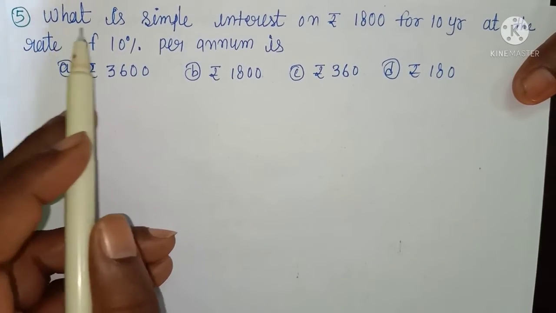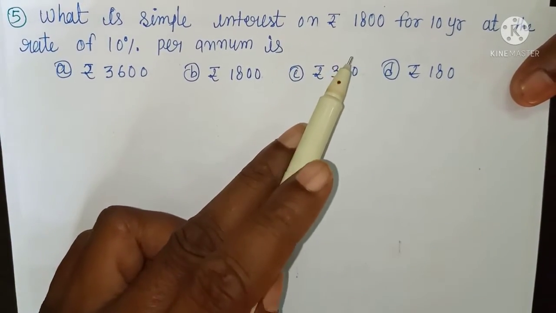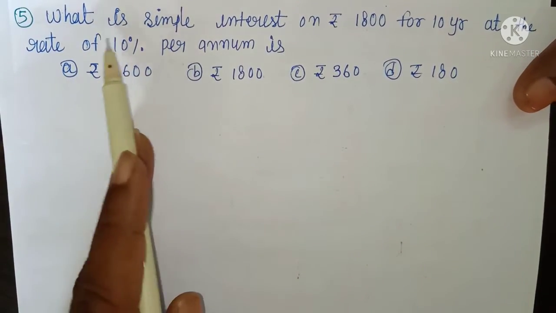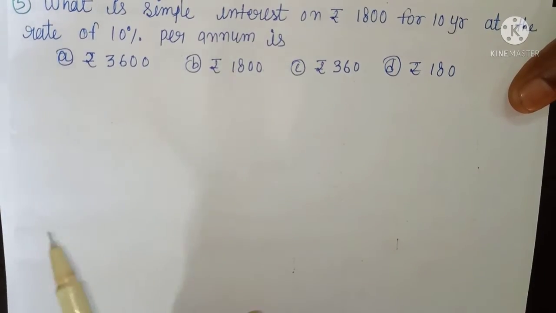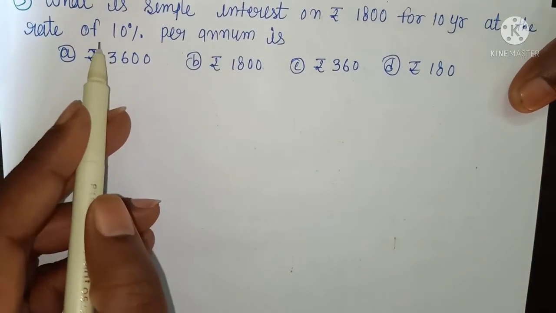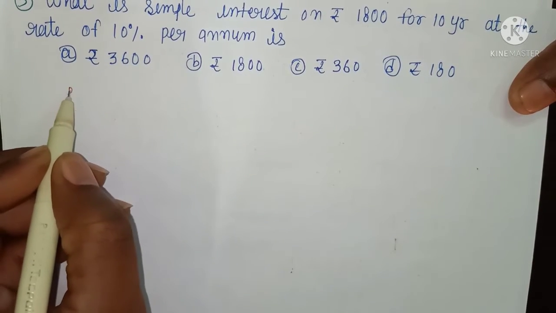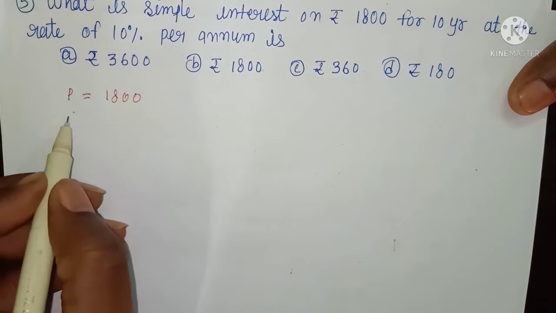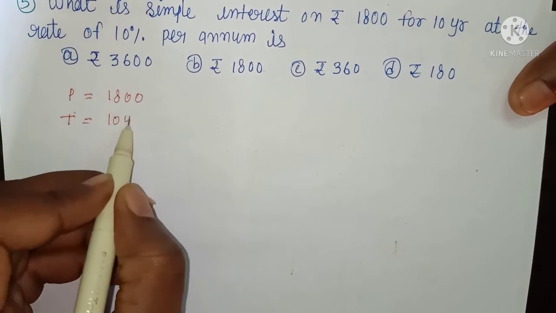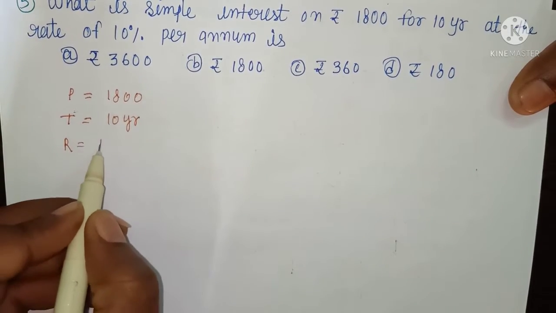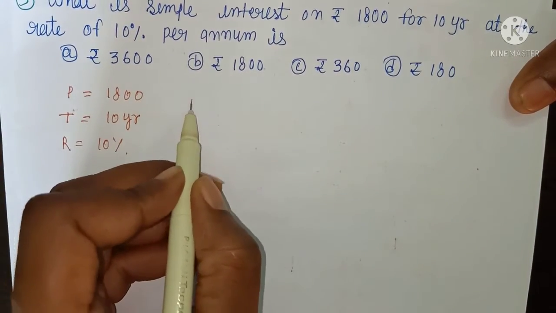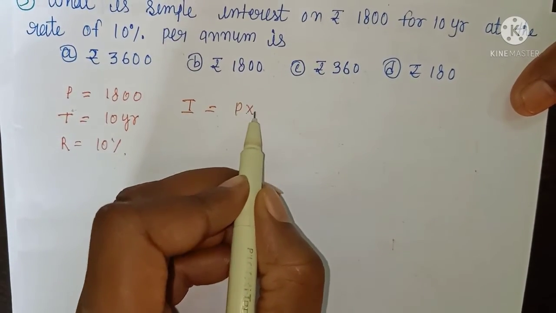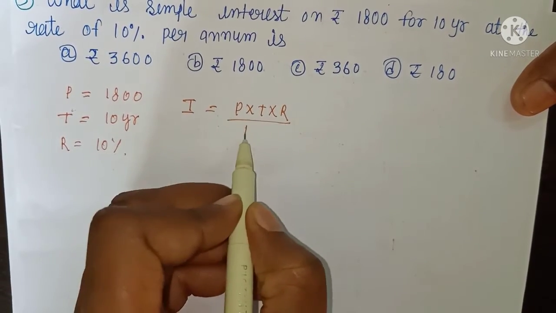Question number 5. What is the simple interest on rupees 1800 for 10 years at the rate of 10% per annum? It means the principal P is 1800, time is 10 years and rate is 10%. Then interest is equal to P into T into R by 100.